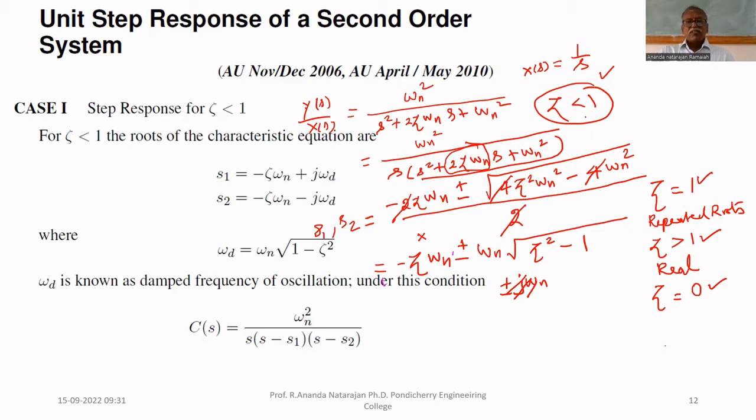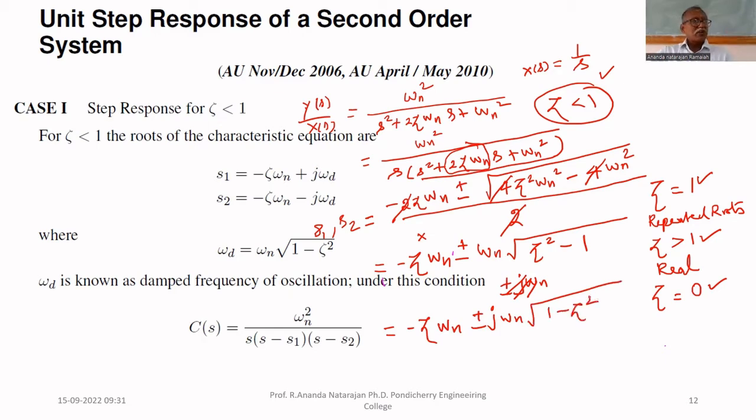Now we are going to see only zeta less than 1. The other three we'll see later. Now we will consider zeta less than 1. Less than 1 means this is always negative. If you take minus 1 outside, what you will get is zeta omega n plus or minus j omega n square root of 1 minus zeta square.